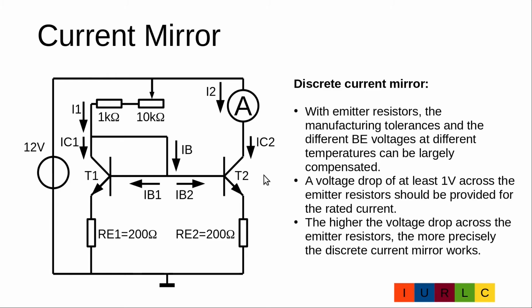To compensate largely for the difference in the transistor parameters, especially the ones caused by the temperature difference, we have to introduce these emitter resistors.